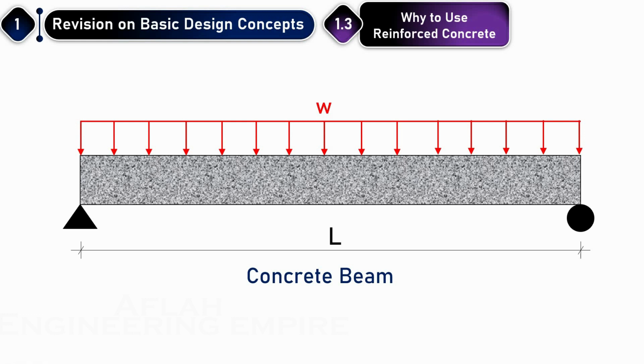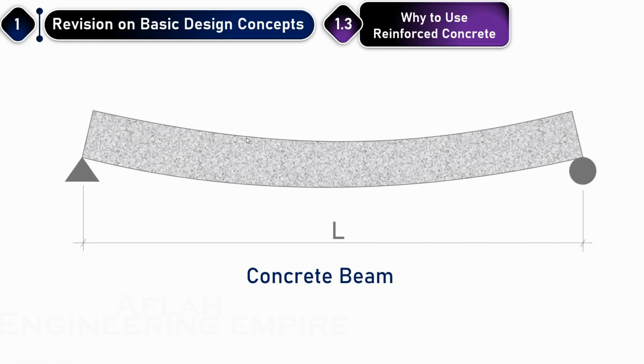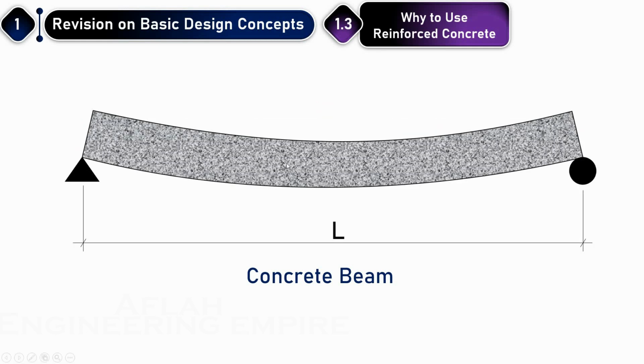So we said that for a beam with such an arrangement and such a loading and deformation, the response will be like this. Accordingly, we have a neutral axis around the midsection of this element.